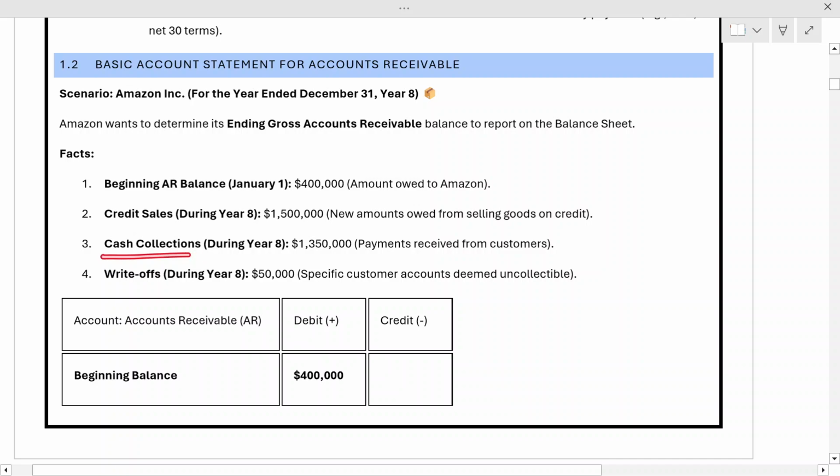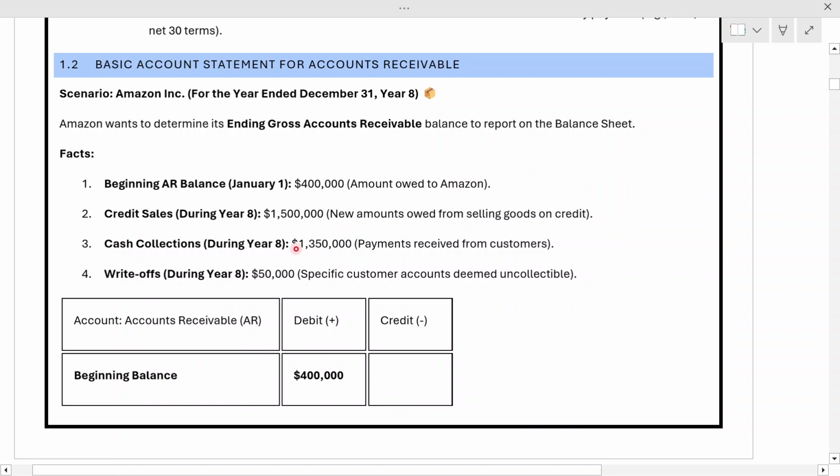After that, they have collected cash of $1.35 million. This cash may belong to both the $400,000 and the $1.5 million, because Amazon sold goods on credit and still needed to receive both amounts.